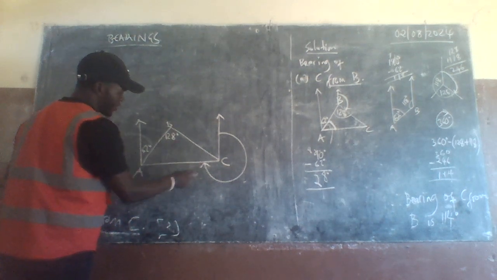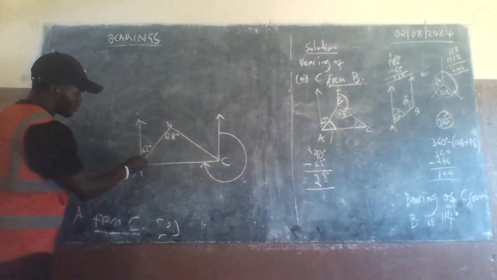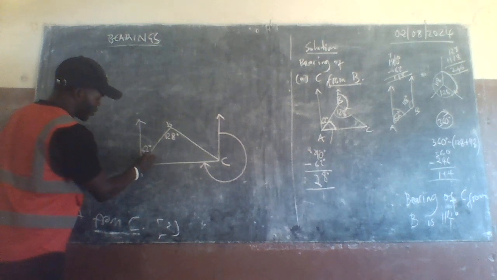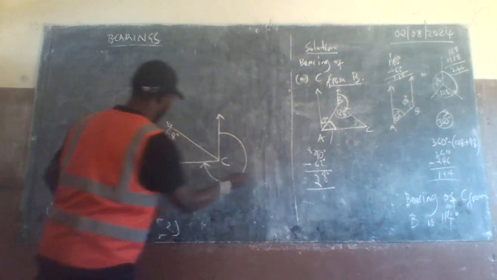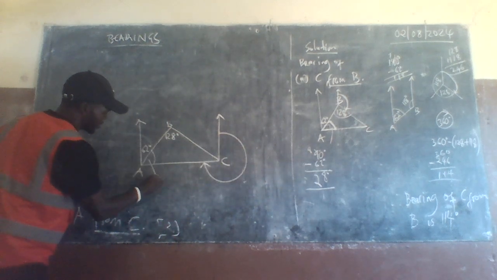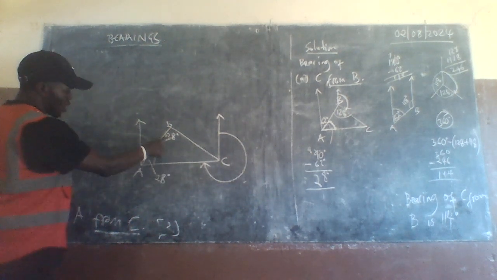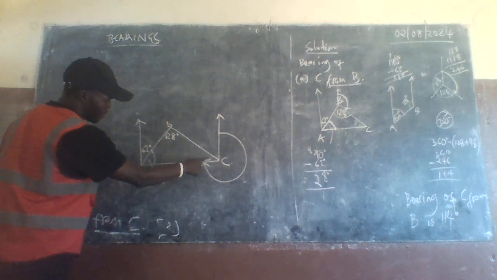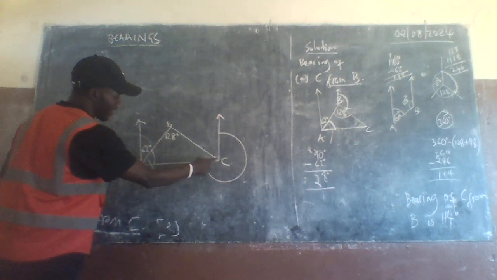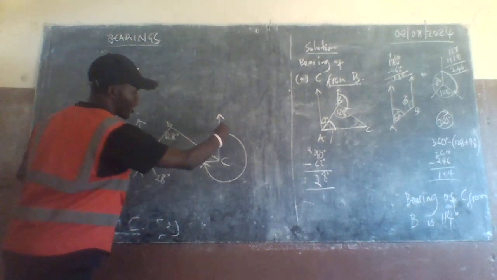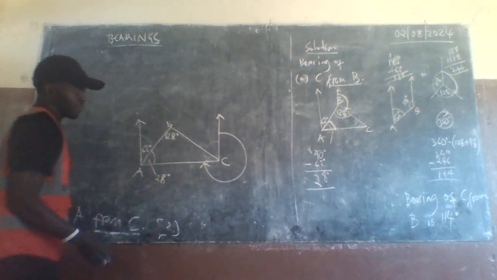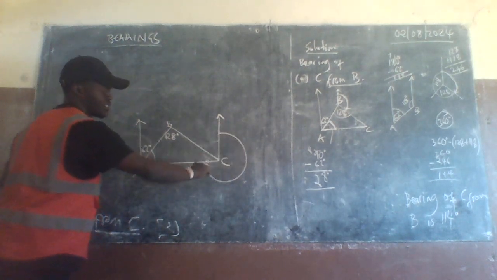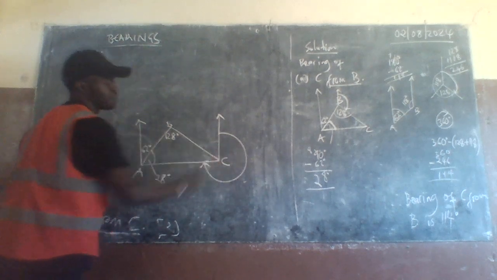So meaning this is the angle that we are looking for, or that is the bearing we are looking for. We have this side, we already calculated this angle, which we said is 28. So this is 28 degrees. This is 128. Then we are missing something here to make a complete triangle. I know we are looking for this part, but we need to know this, so that if we subtract it from, again, the 360, it will give us the remaining part.